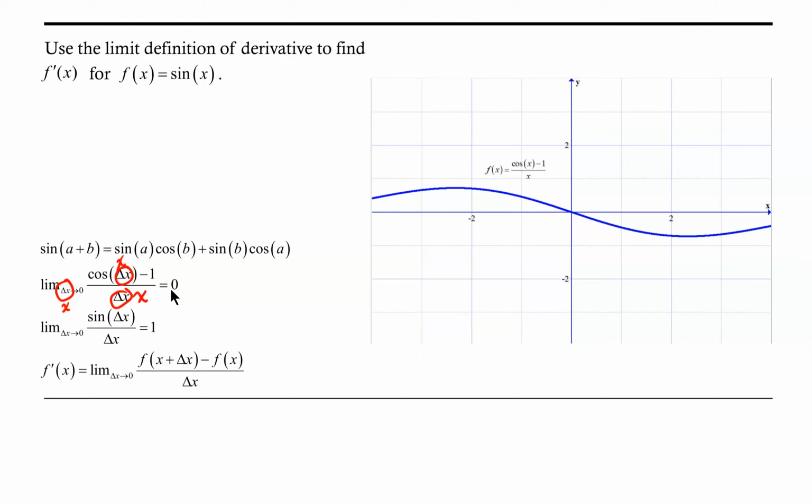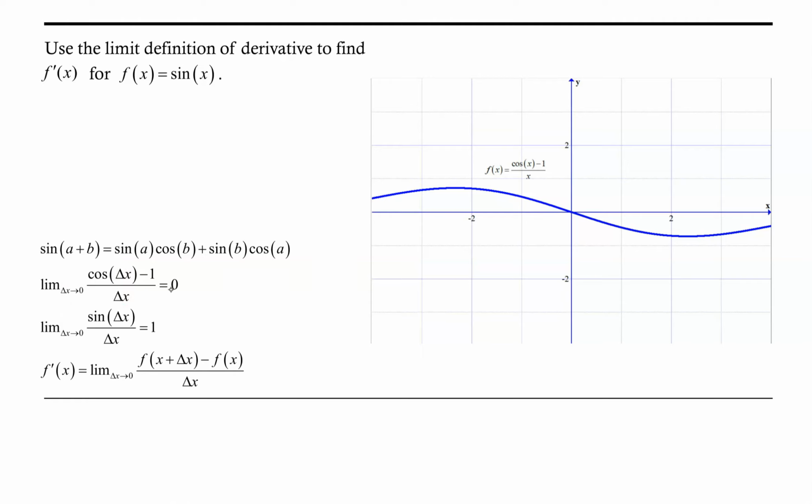The behavior of that ratio, cosine of a variable minus 1 over that variable, does not depend on the name of the variable. In the way it's going to appear in our definition, the variable will be delta x. However, it could just as well have been the variable x.